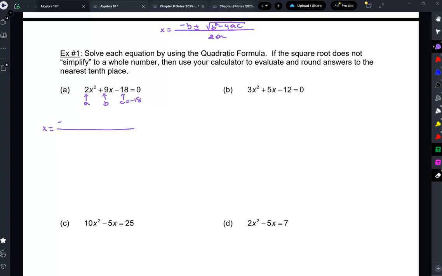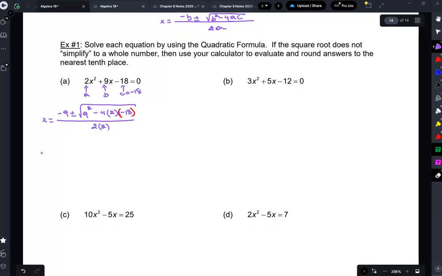Negative b means negative 9, plus or minus the square root of b squared, 9 squared, minus 4 times 2 times negative 18. Do you see how the negative 18, because it's negative, must be put in parentheses? Over 2 times a, which is 2.